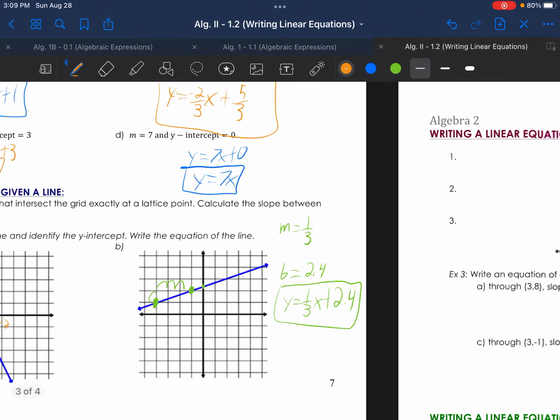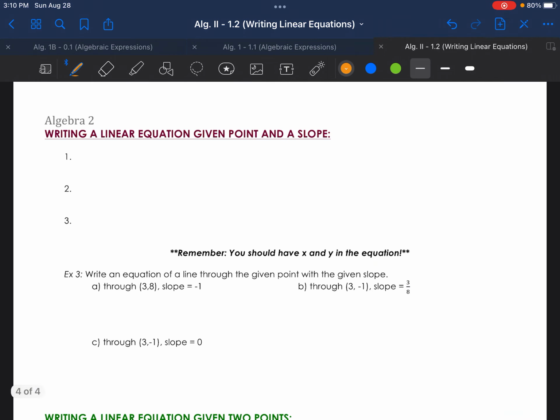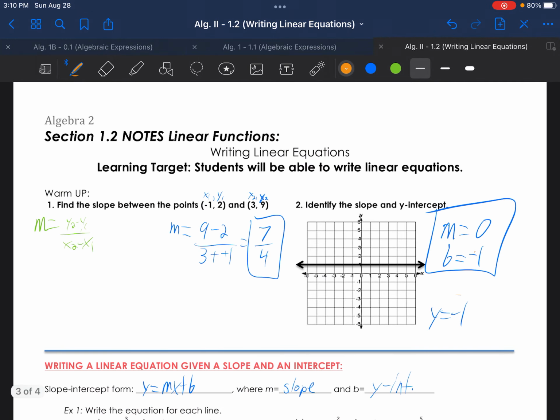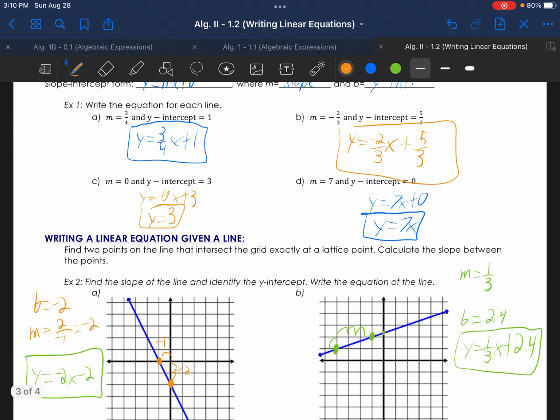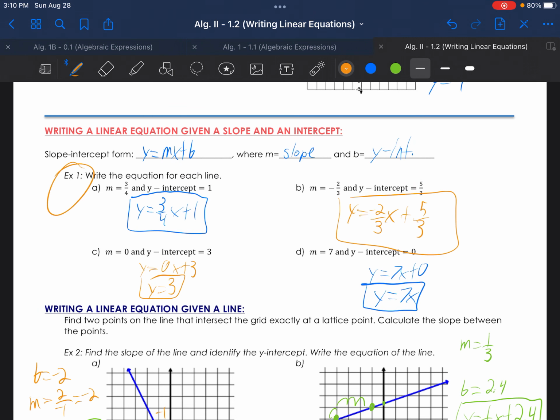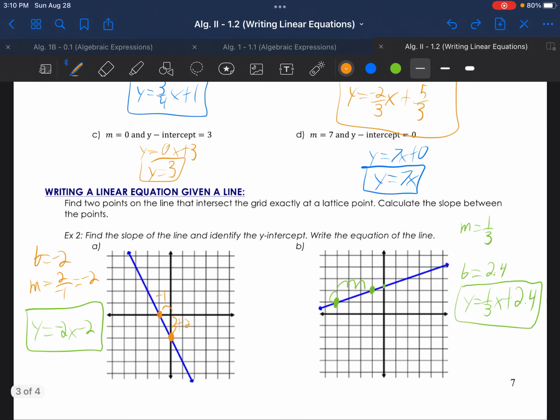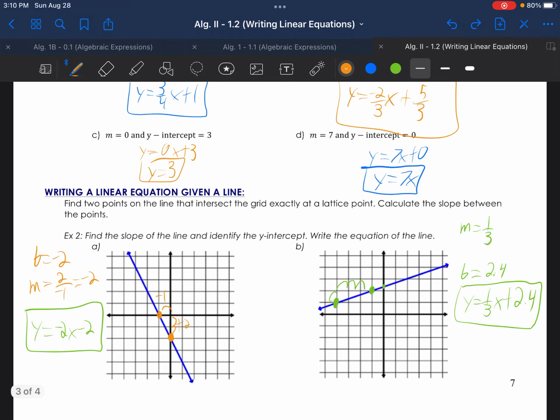So on this next page of the notes, page 8, we're going to see what you do in that scenario. So there's going to be 3 steps if you're given a point and a slope. So you're not given your y-intercept like you were on all 4 parts of example 1 and the first part of example 2.